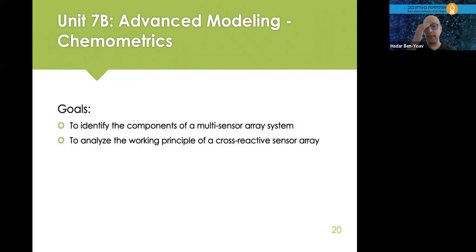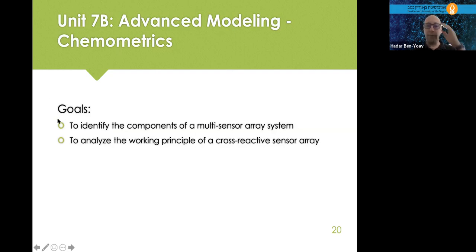Chemometrics is a specific area in analytical chemistry. It focuses on machine learning or artificial intelligence algorithms that are being used to understand the signal that is measured or to extract chemical information about the chemicals you have in the solution, the analytes.